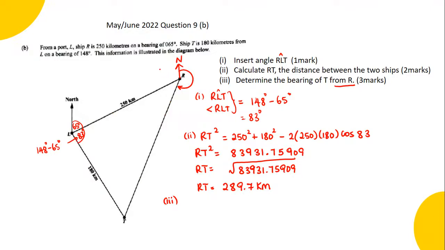So let's put that missing angle. 65 degrees plus this angle adds up to 180. So we can simply say 180 take away 65 degrees to get this missing angle. Okay, these two angles here add up to 180 degrees.